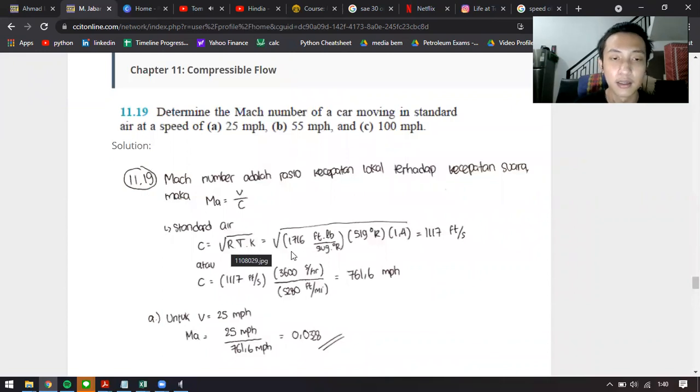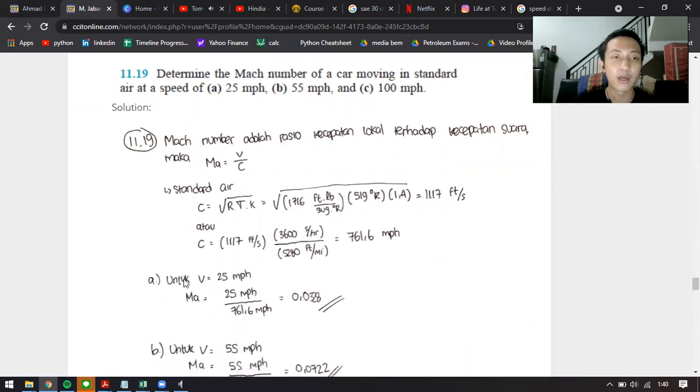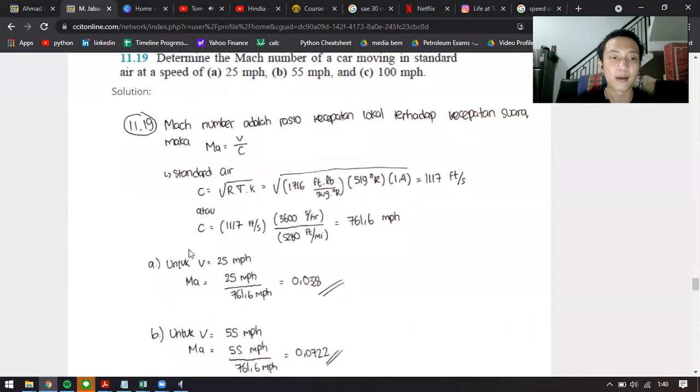We get the speed of sound in standard air as 1117 feet per second, or in miles per hour, 761.6 miles per hour.